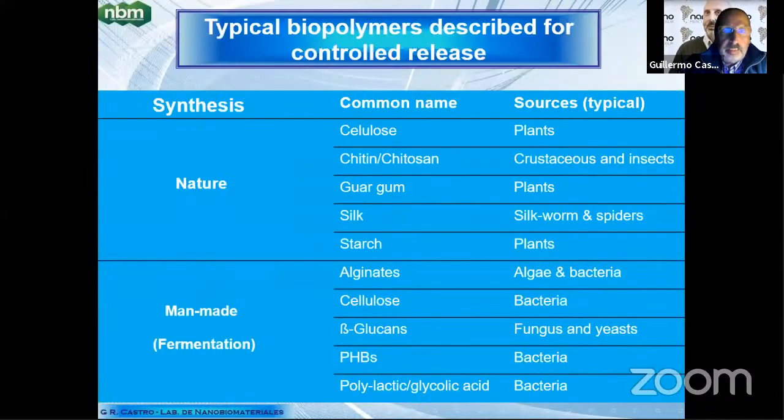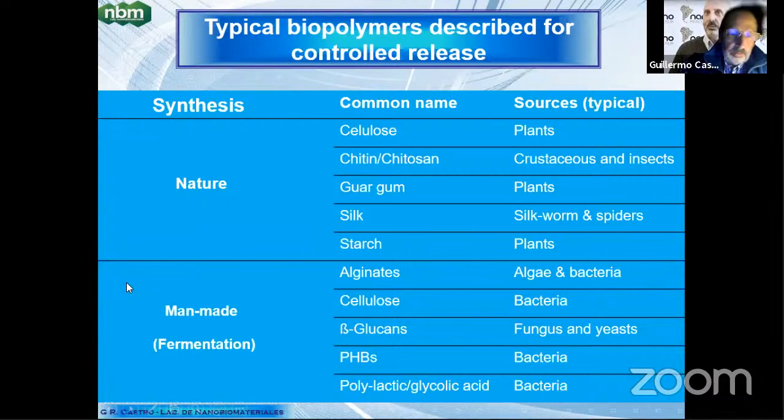As an example, nature produces many polymers, such as cellulose, chitin and chitosan, wire gum, silk, and starch from plants, crustaceans, silkworms and spiders. Most of them, except silk, in some cases are wasted.